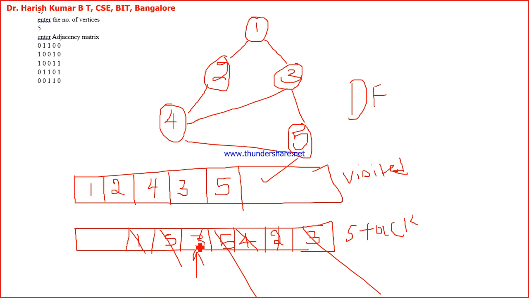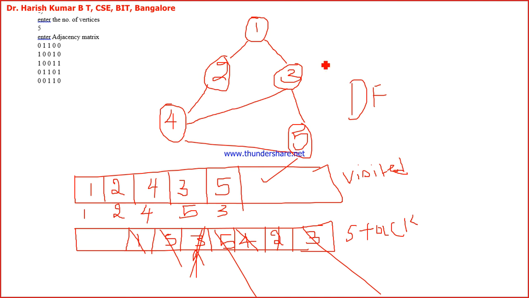If it is already visited, instead of adding it to the visited list, we discard it. We just pop it and delete it. Understood now? So 1 2 4 3 5 or 1 2 4 5 3, both are DFS traversals.